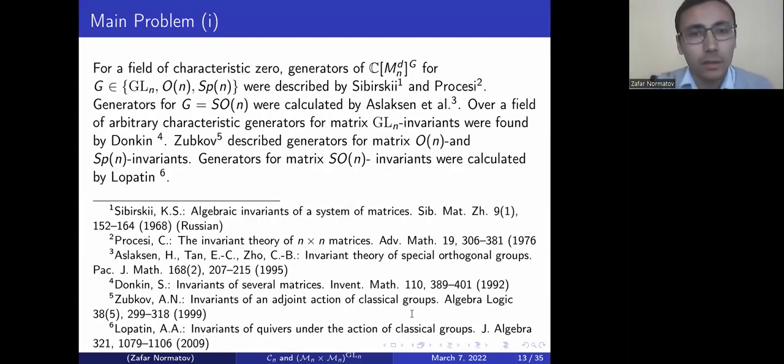Now we talk about some results in solving the first part of the main problem. For a field of characteristic 0, the generators of G-invariants, where G is GL_n, the orthogonal group or the symplectic group, were described by Sibirsky and Procesi in these papers. Generators for special orthogonal group invariants were calculated by Aslaksen and others in this paper.